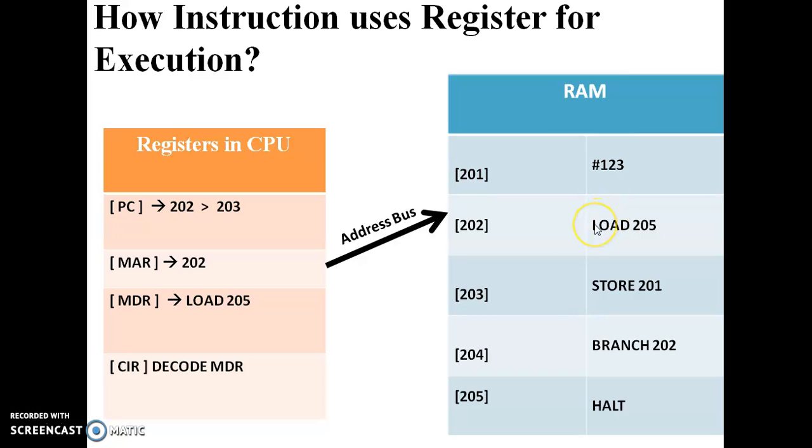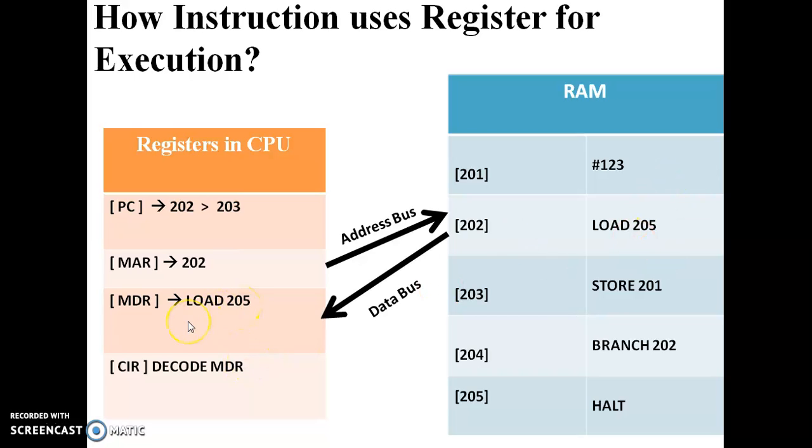This load 205 will be passed with the help of the data bus to MDR. MDR is the memory data register, which will store the data that is stored at memory location 202. So the contents of MDR will be the data at memory location 202, which is now load 205.